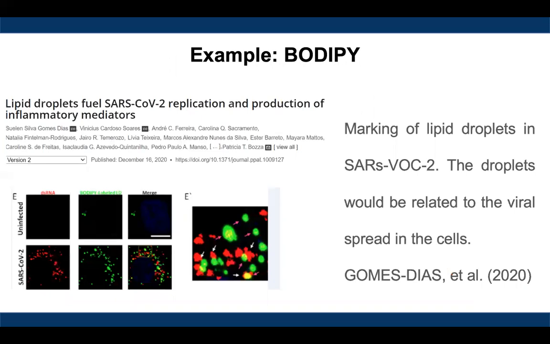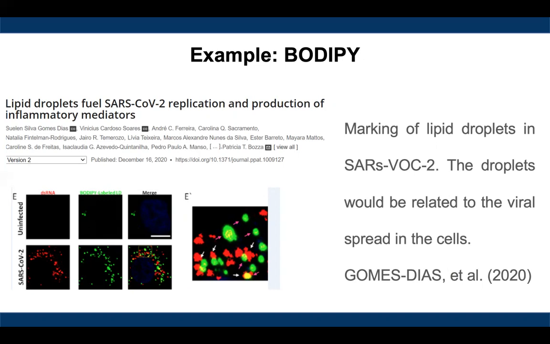Well, this is an example of BODIPY. So lipid droplets are organelles with major functions in lipid metabolism, energy homeostasis, and intracellular transport, and have multiple roles in infections and inflammation. So this paper here describes that monocytes from SARS-CoV-2 patients have an increased lipid droplet accumulation compared to negative donors.